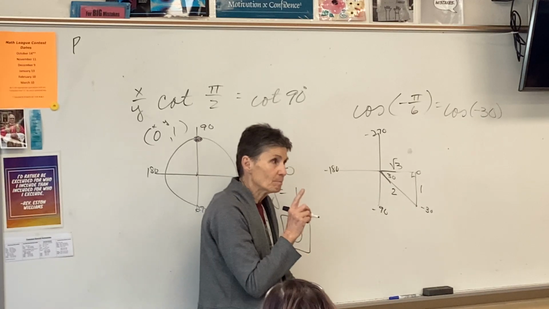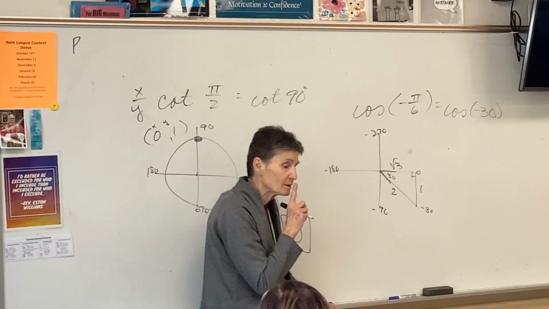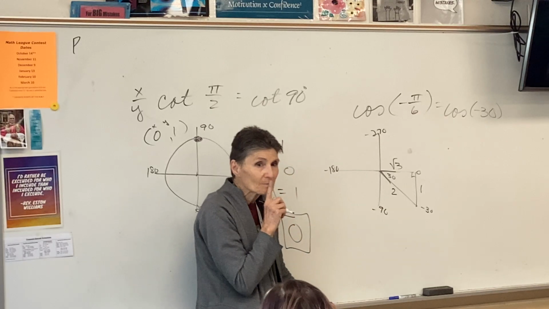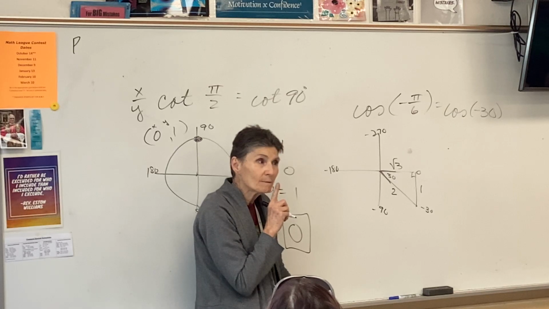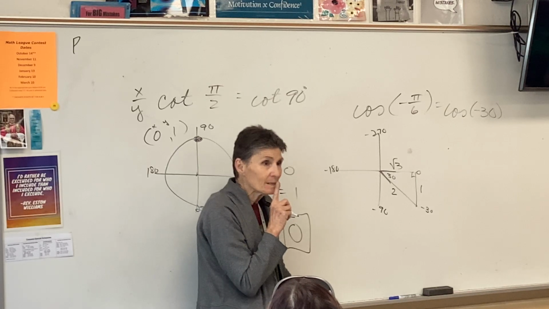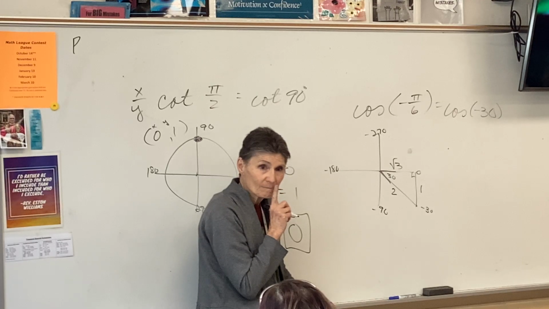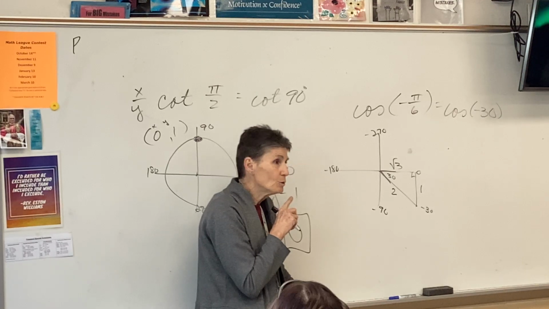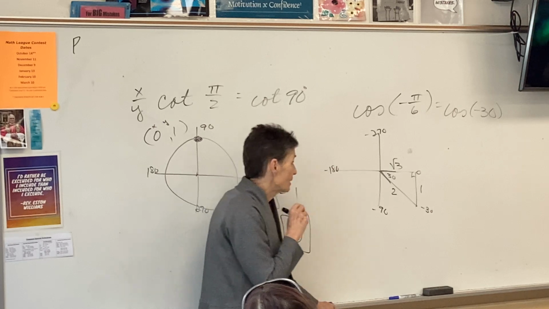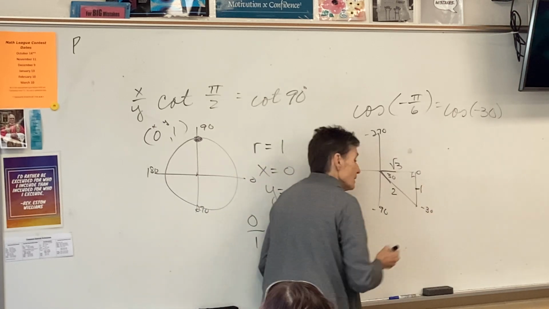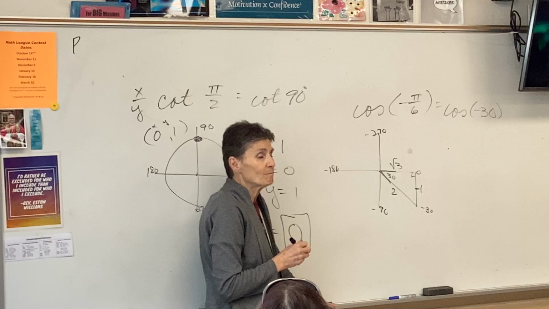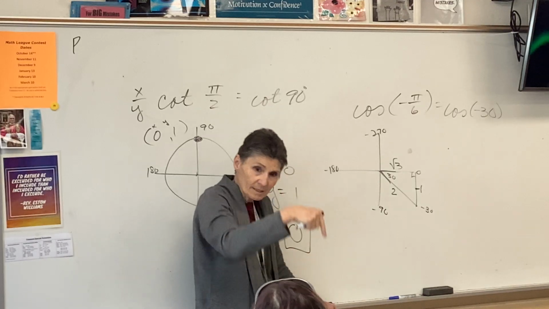And then I have to pause for just a moment and think about what? I'm not in quadrant 1. What does that mean? Something is negative. The 2 will never be negative. The 1 is negative. And the 1 is negative because it is going down.